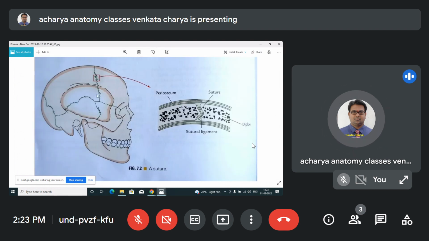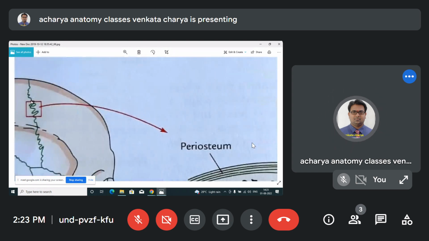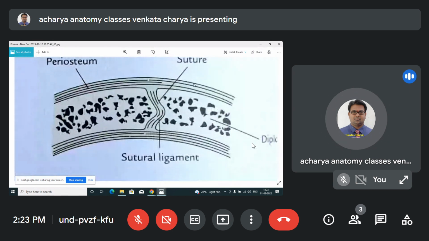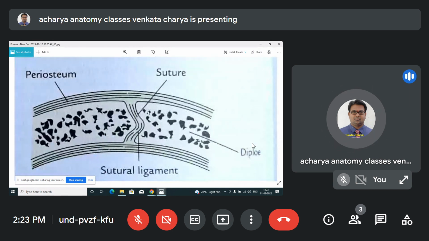Suture is present in the cranium. Between two cranial bones there is a presence of suture. See here, this is a suture. Between these two bones there is fibrous material, called a suture.